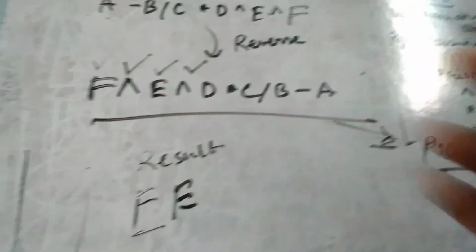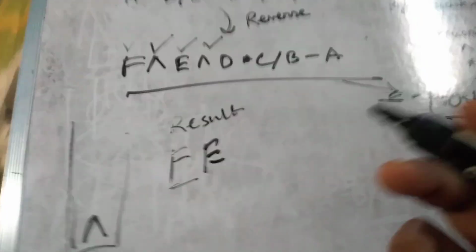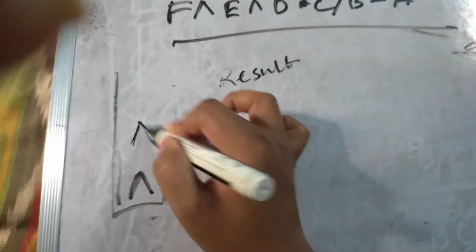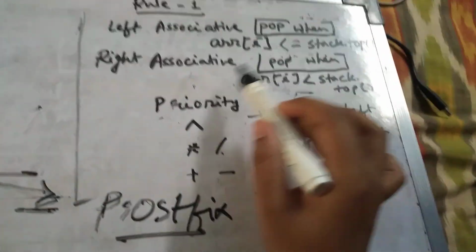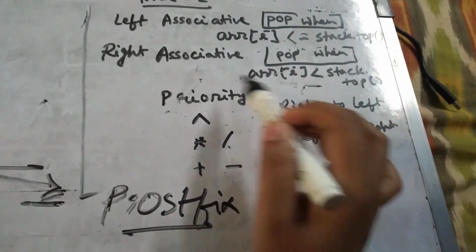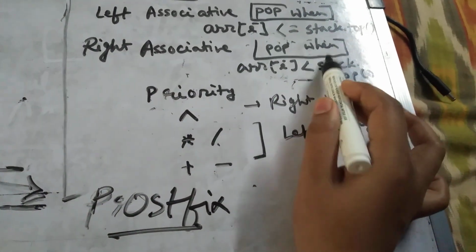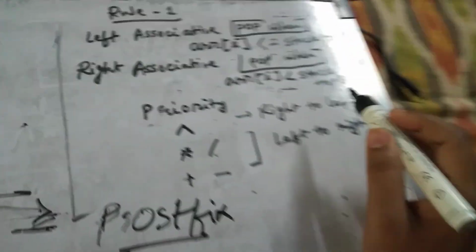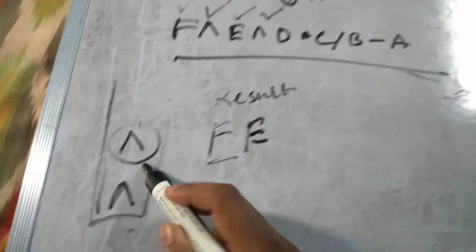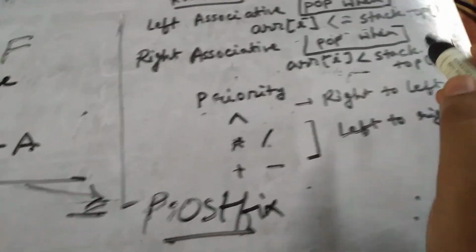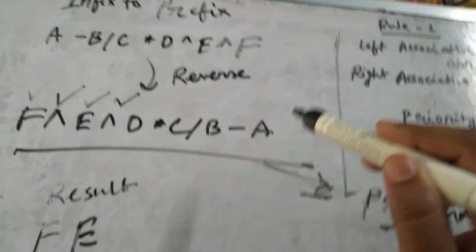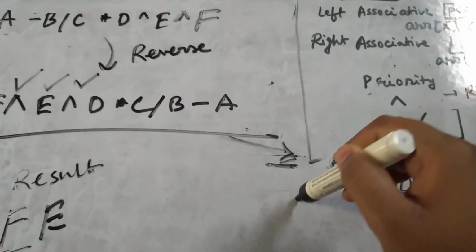Now again comes the power operator. This is a right associative operator. Now see the postfix rules. In the postfix rule, for a right associative operator, it says pop when this operator is less than the stack top. Is it? No, it is equal. But when we do the prefix conversion, in the intermediate step we do the postfix conversion.